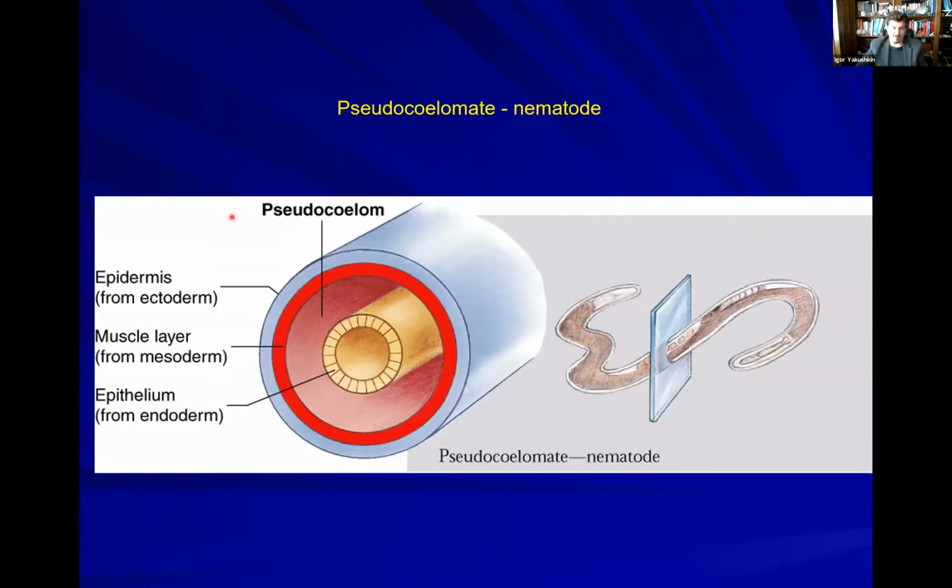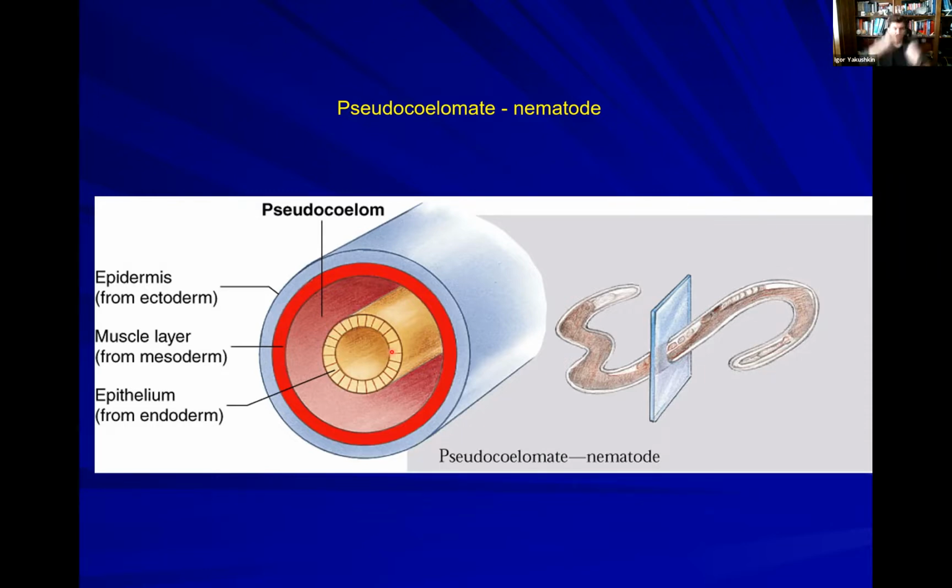Now, pseudocoelomates. What do we have? We have ectoderm, same as before. We have mesoderm, we have the endoderm. But now we have that particular cavity. On one side, the cavity is made by the mesoderm. On the inner side, it's made by the endoderm. So it's in between mesoderm and endoderm.